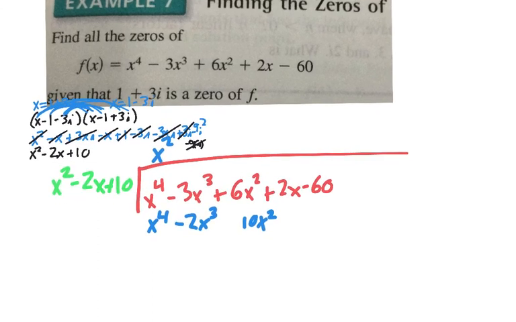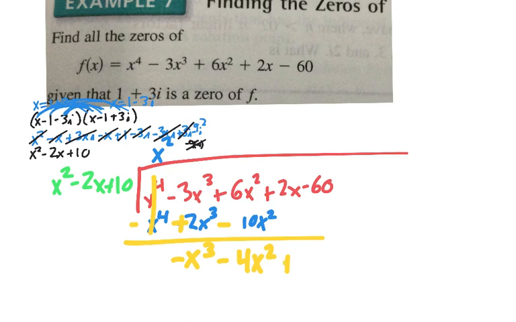Okay? And then what happens in long division? We subtract, which means I'm changing all of these signs. So my x to the 4th cancel. Negative 3x cubed plus 2x cubed is negative 1x cubed. 6x squared minus 10x squared is negative 4x squared.